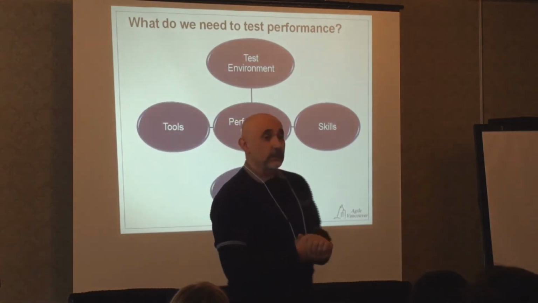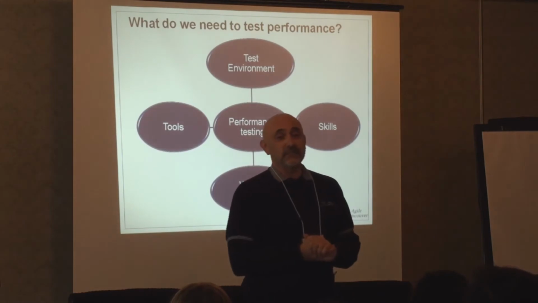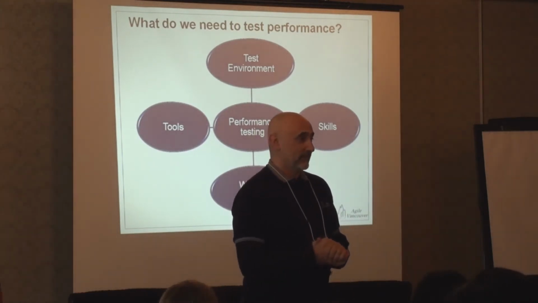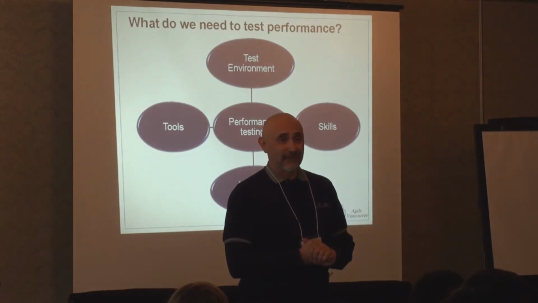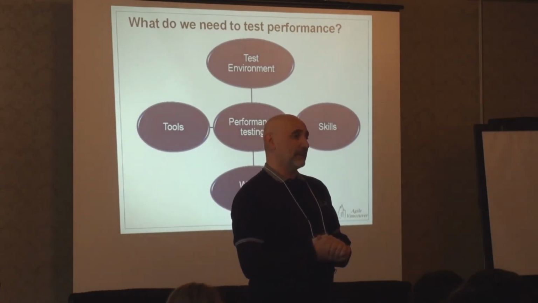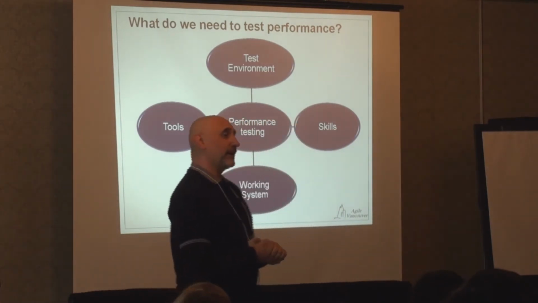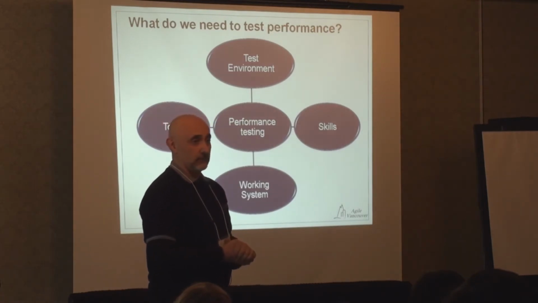The interesting thing is that in order to do performance testing, you need a working system. You cannot do performance testing on buggy software. And this is one of the arguments I'm going to use later for why Agile is better than Waterfall.